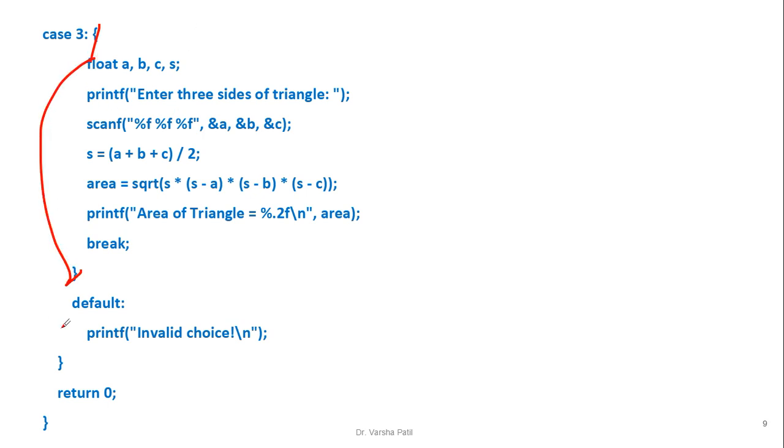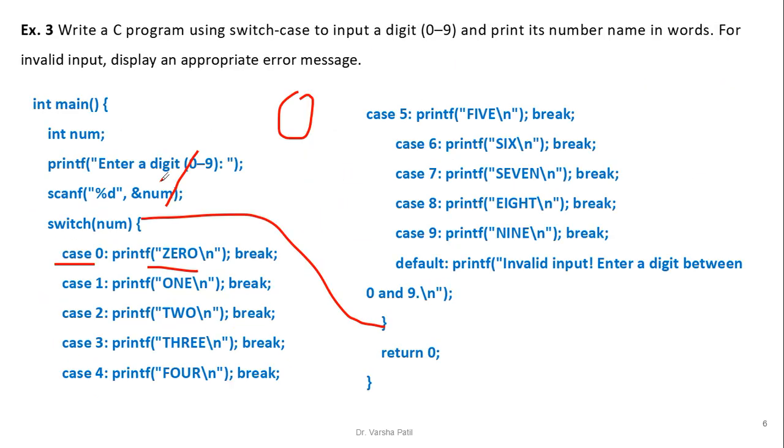So this is case 3. If none of 1, 2, 3 is matched, it will go to the default. So these parentheses are totally optional here. If you want, you can give them, otherwise it is also okay.